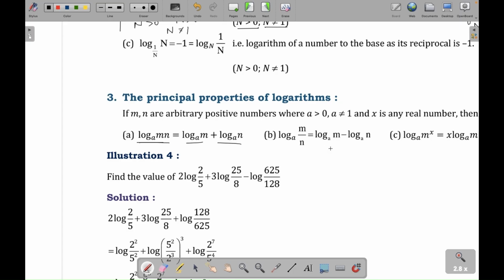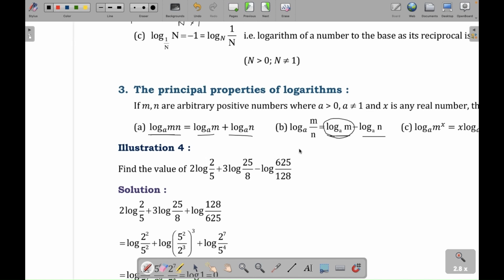Similarly, when you divide two numbers, their powers are subtracted. So when we are writing log, it is essentially power.